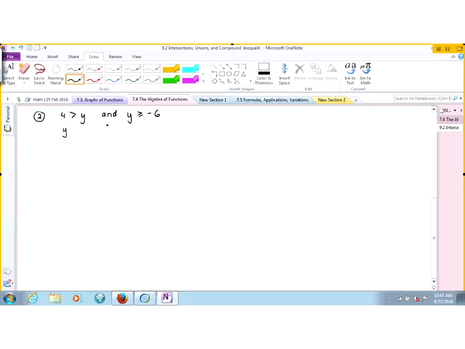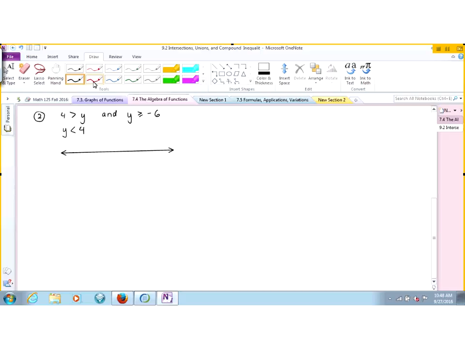Y is what? If 4 is greater than y, then y is less than 4. Yes. So I usually like to have the variable y on the left, right? So that's why I rewrote this. Do you have to rewrite it? No, but I like to do it, so that's why I always do it.